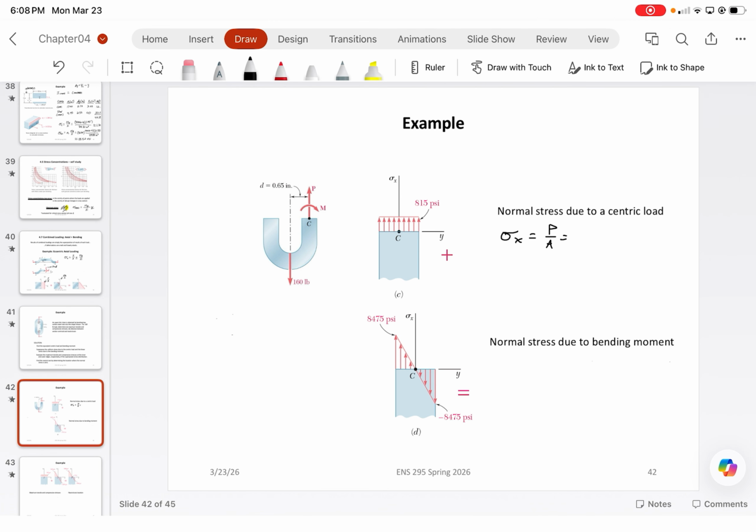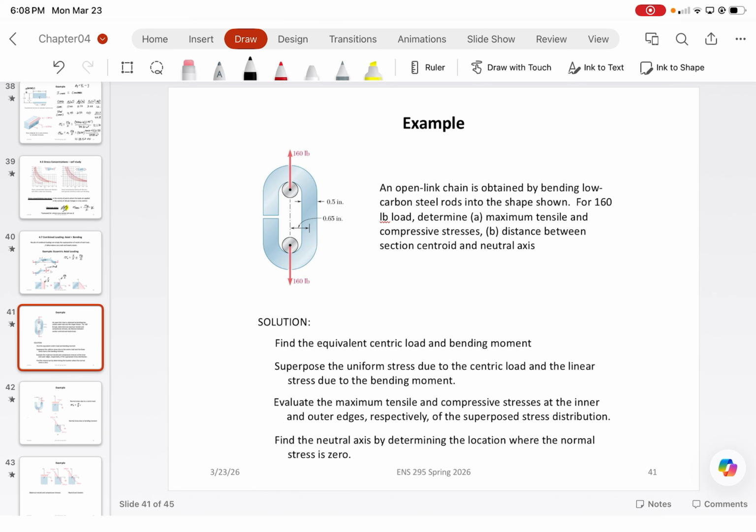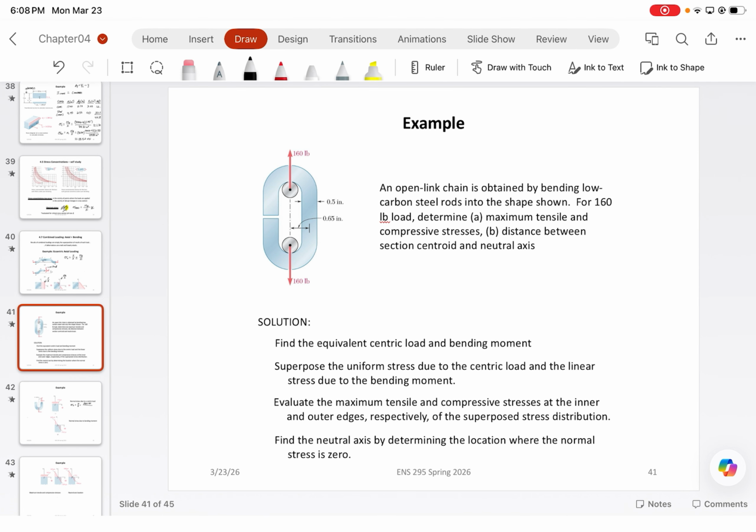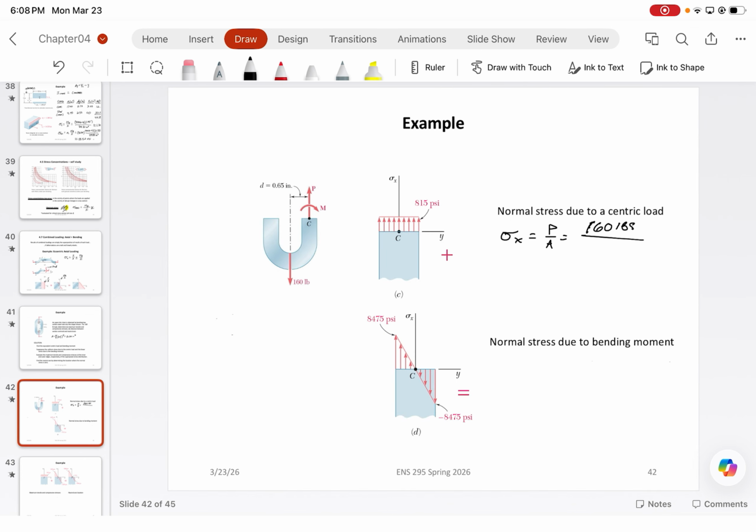That's what this force is. 160 pounds divided by a cross-sectional area, which is just going to be equal to pi over 4 times 0.5 squared, because it's a chain, so circular, which should give us an area of around 0.20 inches squared, which when you calculate this, you should roughly get that 815 psi that we had previously computed.